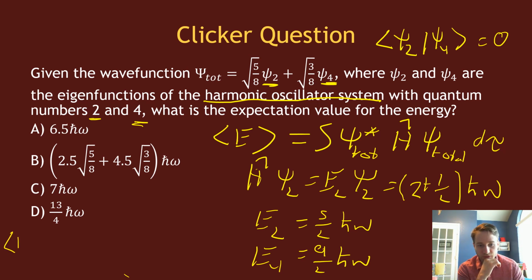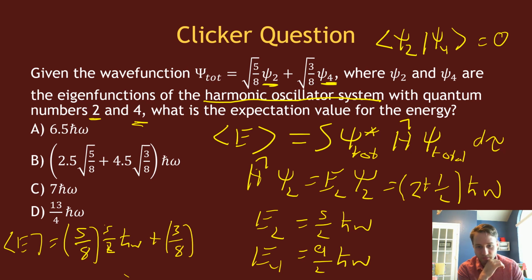Okay, so then the expectation value of the energy is just going to be related to the probability of being in state 2 times its energy, where the probability of being in state 2 is its coefficient squared. So 5/8 times its energy, which is 5/2 h bar omega, plus 3/8 times the energy of psi4, which is 9/2 h bar omega.